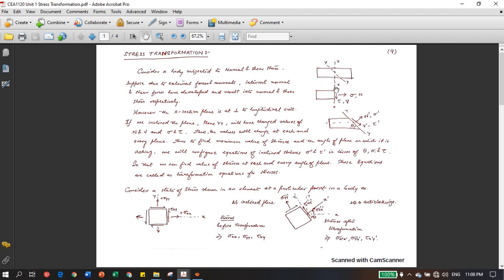So why do we do it? We want to calculate the maximum amount of stress that can be acting on any plane.